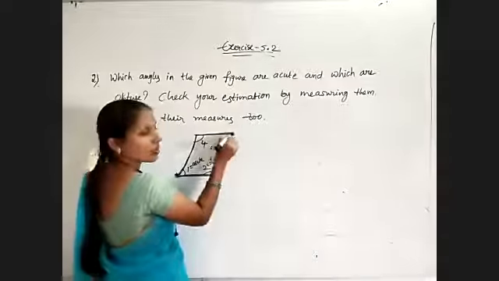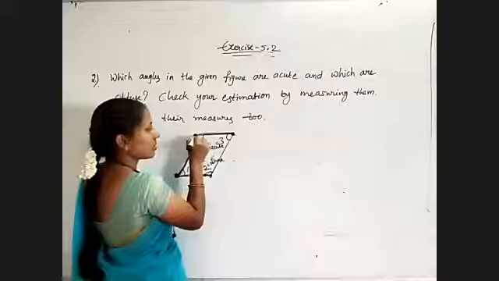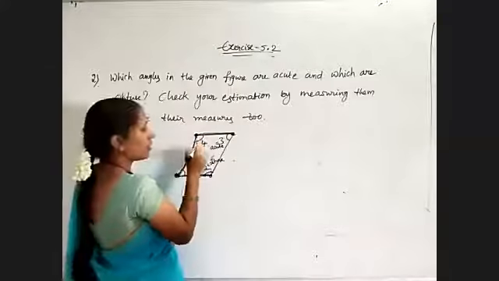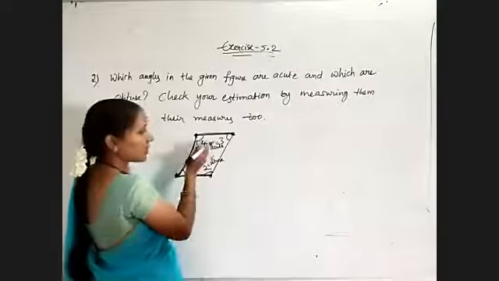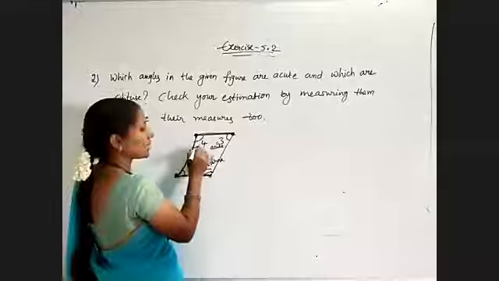And select for angle 4 also same base. Construct it perpendicular. You will get like this. Means other arm is out of 90. So it is an obtuse angle.